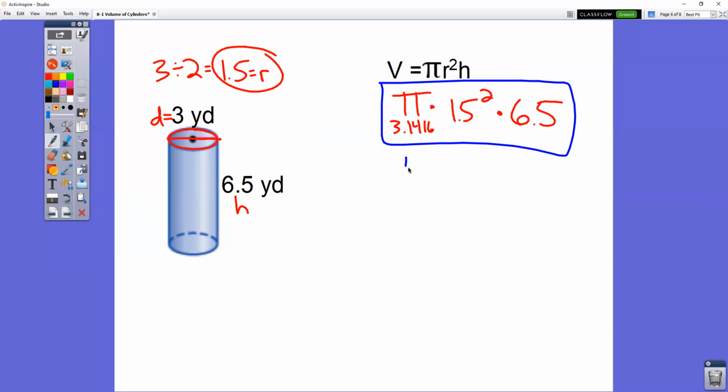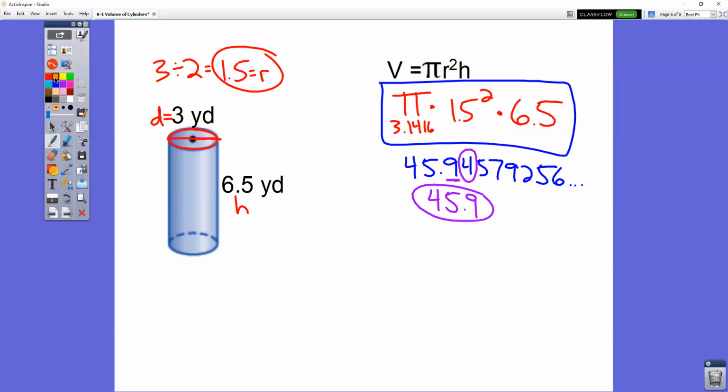When you do that, you get 45.945,792.56, blah, blah, blah at the end. We're going to round to the nearest tenth. The 9 is in the tenths spot. We want to look at the number after it. That number after it is 4 or lower. So this 9 stays the same. So we have 45.9.